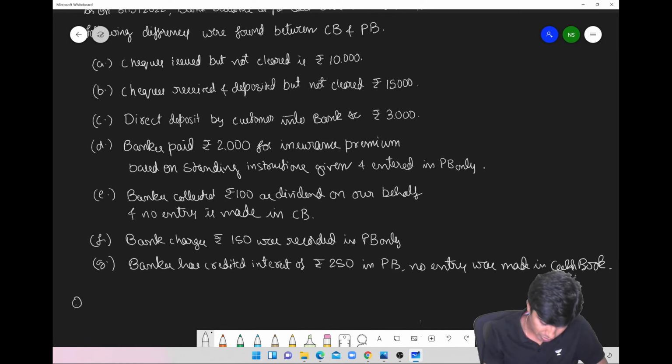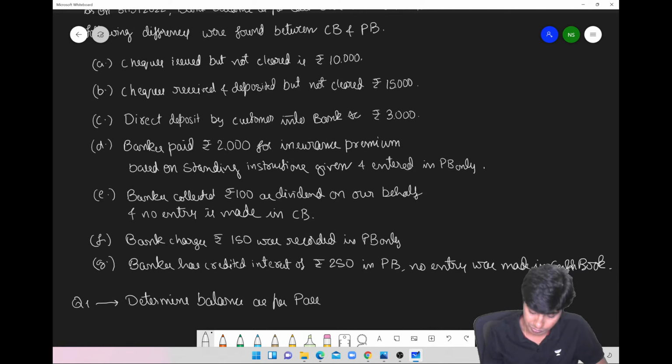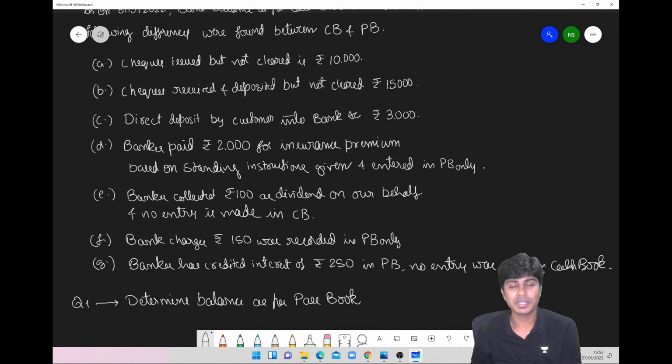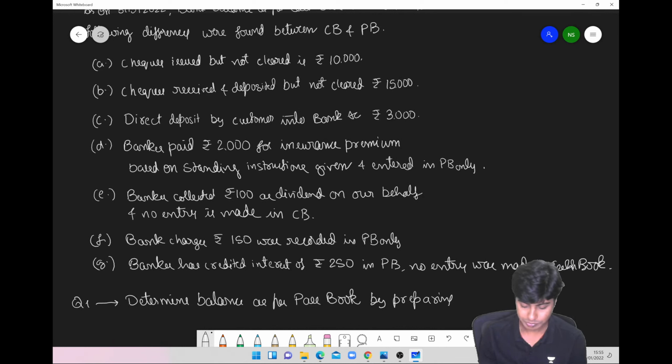Question number 1: determine the balance as per passbook by preparing a bank reconciliation statement.